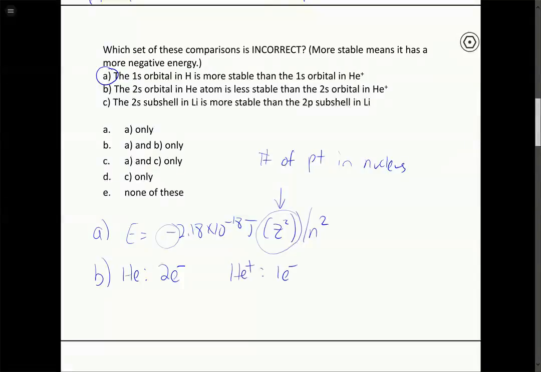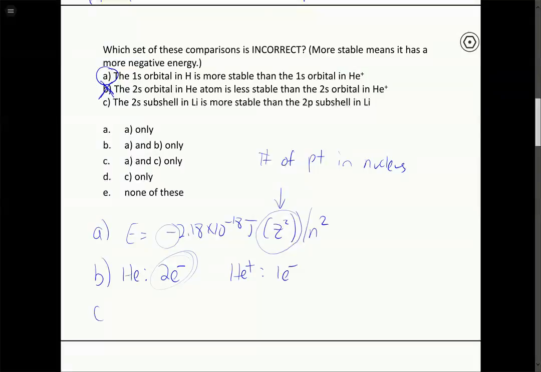And so when you have multiple electrons in the same subshell, in this case 2s, you're going to have electron-electron repulsions that are going to cause the subshell to be less stable. So the 2s orbital in helium should be less stable than in helium plus because when we add this second electron you have electron-electron repulsions, and that's going to drive up the energy of the subshell. So this one is going to be a true statement, so we don't want to include that in our answer.